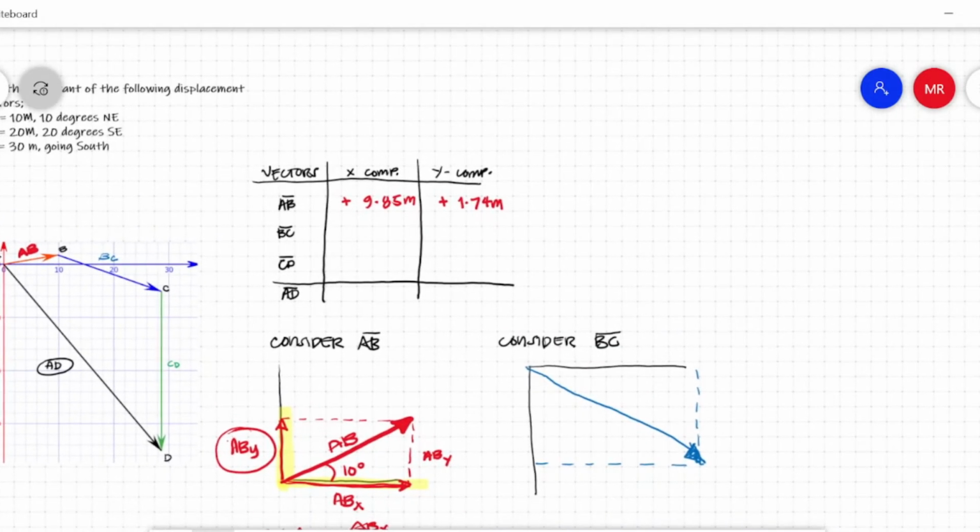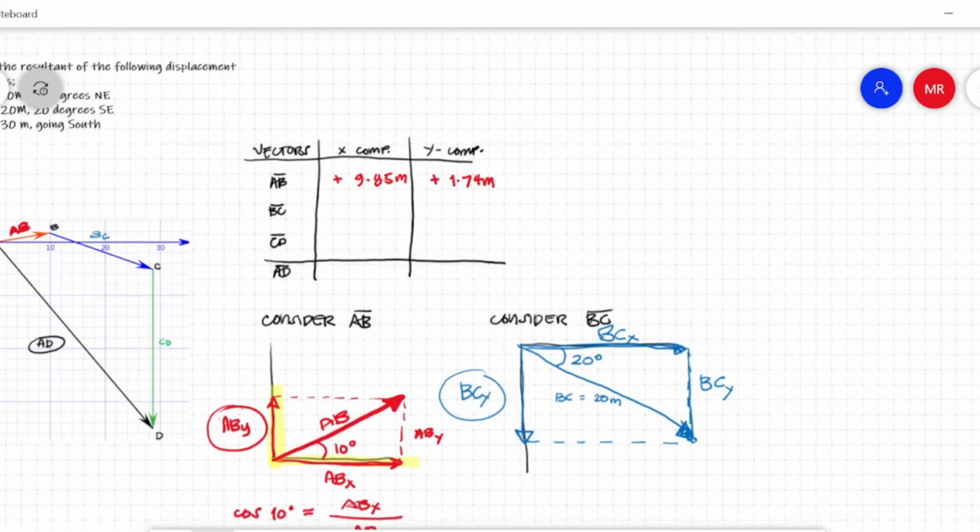This vector has an angle of 20 degrees south of east, and your vector BC is 20 meters. Going in this direction is your BCX, and going downward is your BCY. If we project BCY on the right side, this is also equal to your BCY. Ito BCX, ito BCY. So another right triangle.